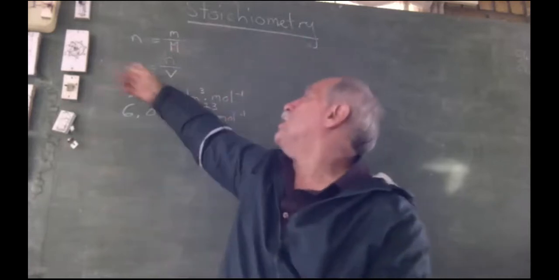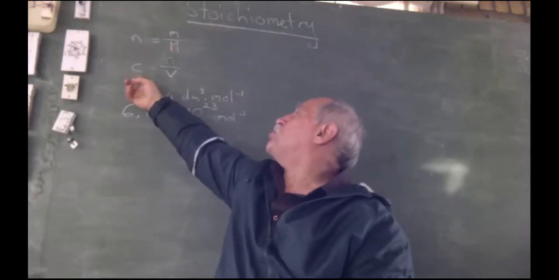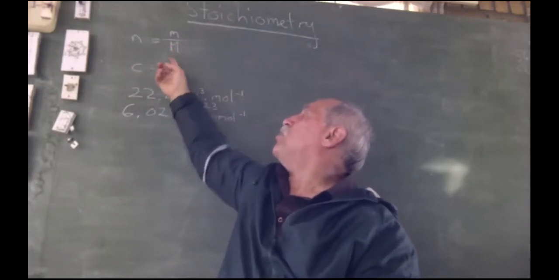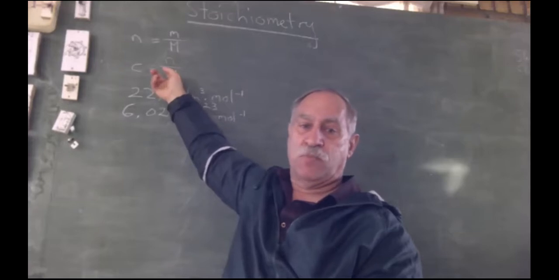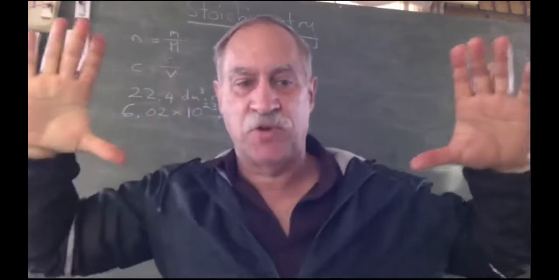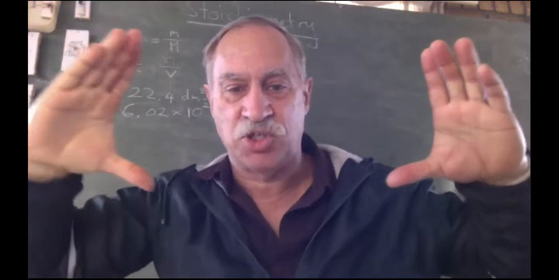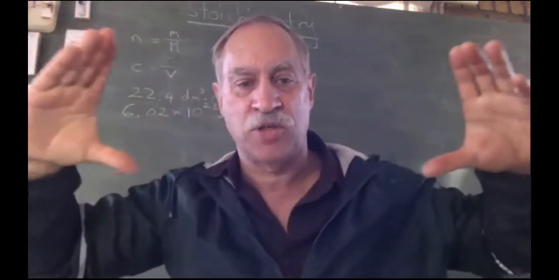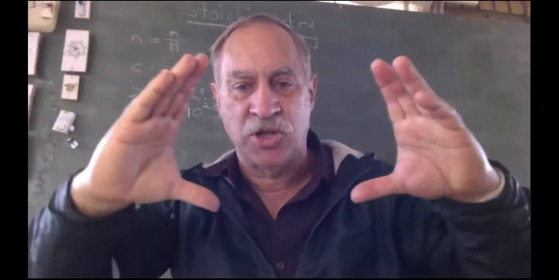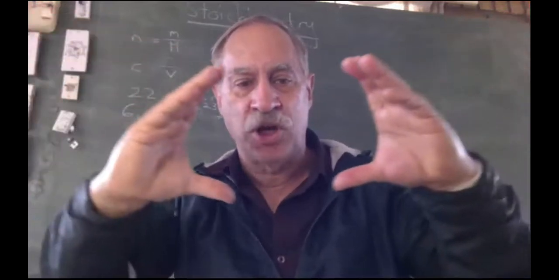Then a second formula was concentration is number of moles over volume. Now, here's my symbol for concentration. We're taking something and we're squeezing it together. That's the symbol for concentration, squeezing it together.